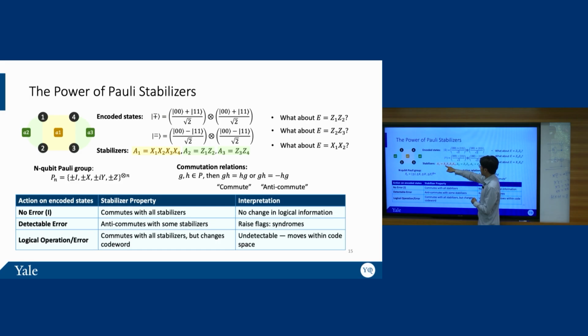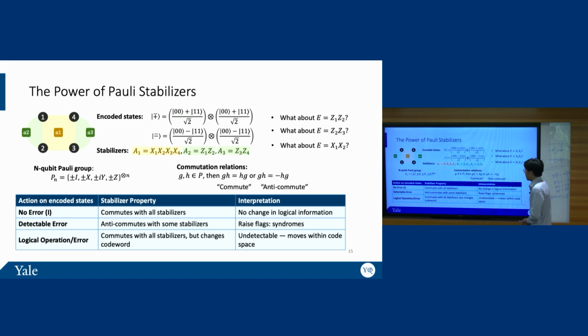In particular, Z1 and X1 anti-commute, that's why the ancilla qubit implementing this stabilizer will be flipped in the measurement result, serving as a flag or syndrome for that error.